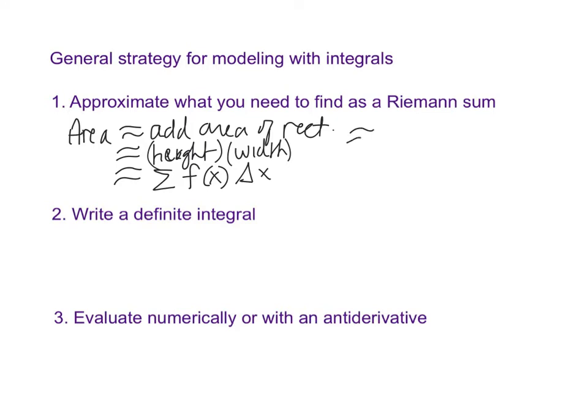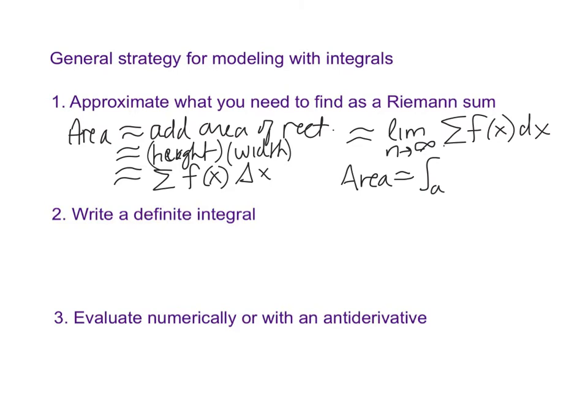And then if we took that and found the limit as n approached infinity of the sum of all the heights times the widths, then we would approximate the area under the curve as a definite integral from a to b of f of x dx.